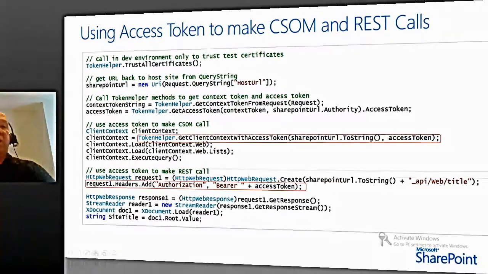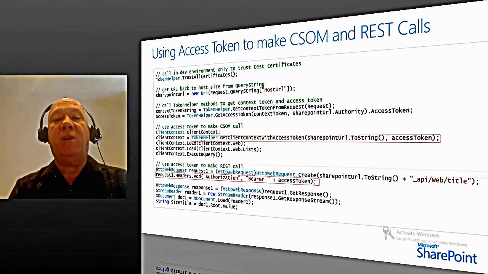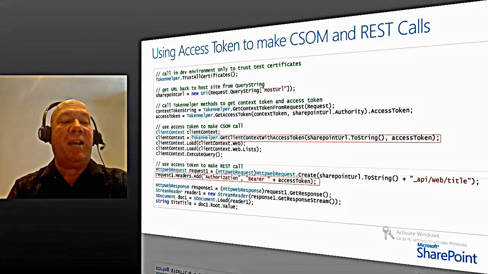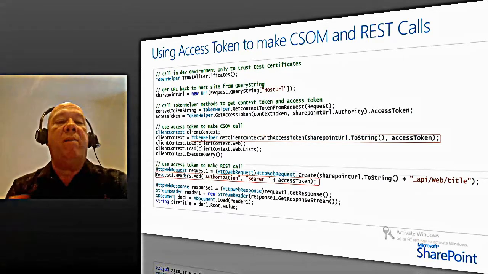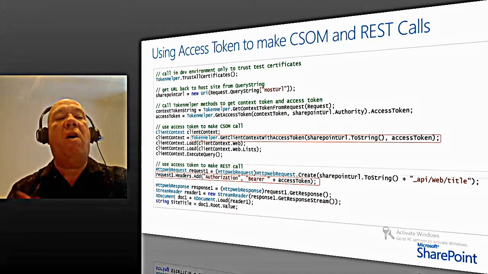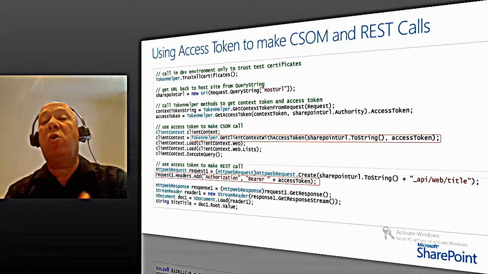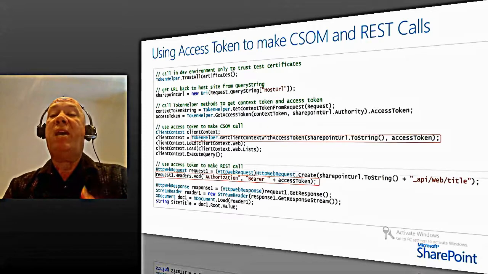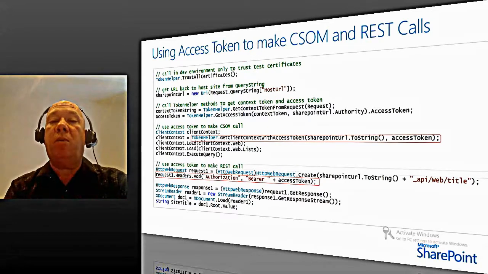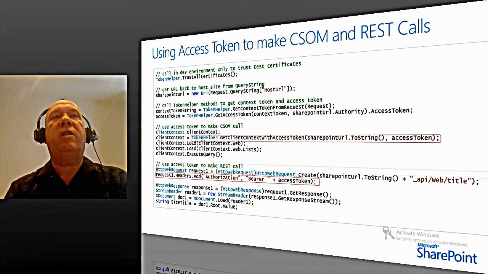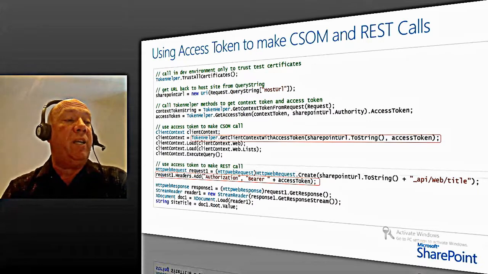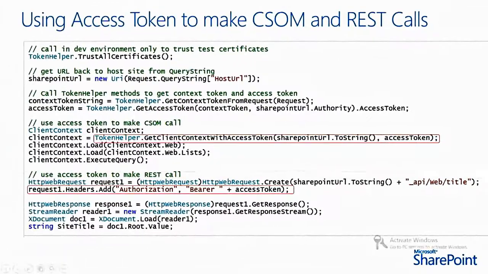What happens is that the token helper now builds up an HTTP request mechanism that will automatically put the access token onto the request, so that when I make a typical CSOM call, that access token is included and I will be granted the access that I need. And you actually can see that down here. I go load web, load list, execute query, and all of that functionality gets pushed up.